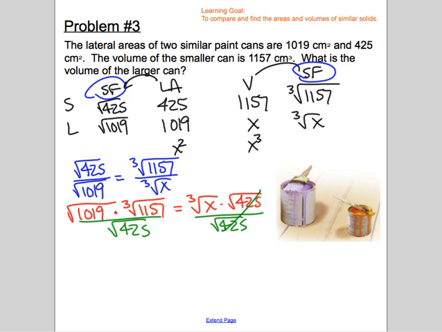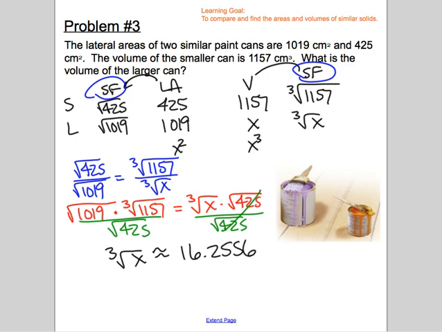I'm going to divide this by the square root of 425. Having done all these calculations very carefully, I get that the cube root of x is about 16.2556.